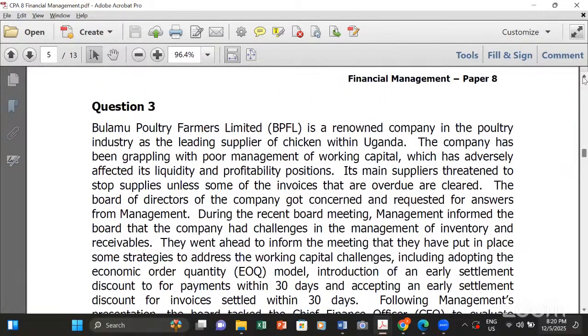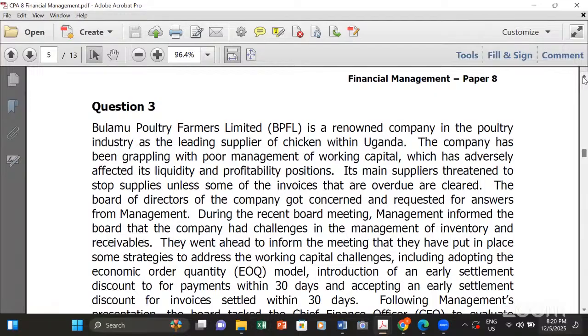Bulamu Poultry Farmers Limited is a renowned company in the poultry industry as the leading supplier of chicken within Uganda. The company has been grappling with poor management of working capital, which has adversely affected its liquidity and profitability positions.